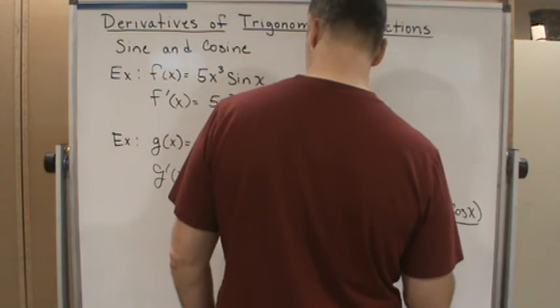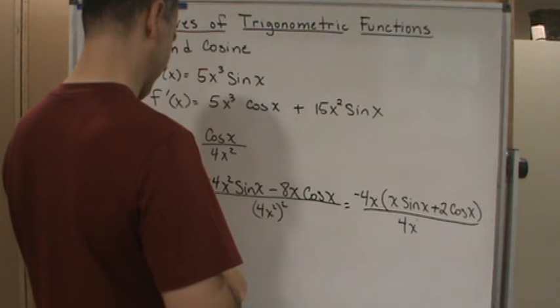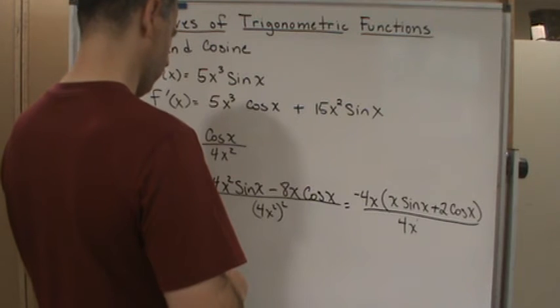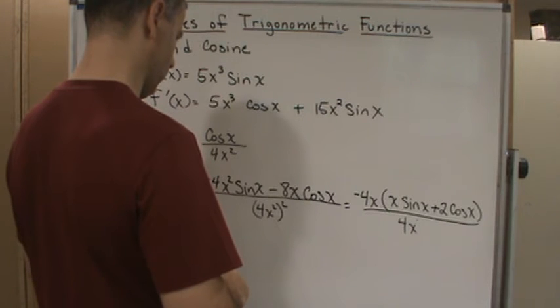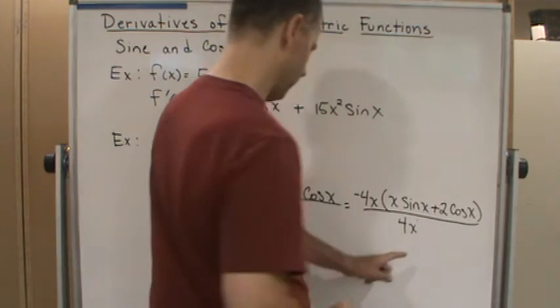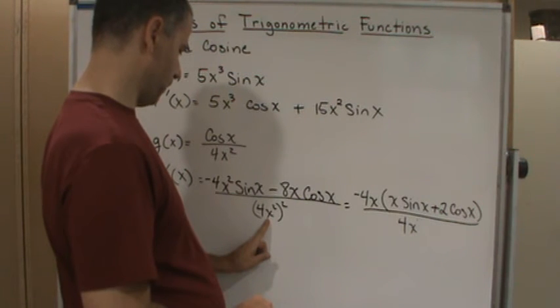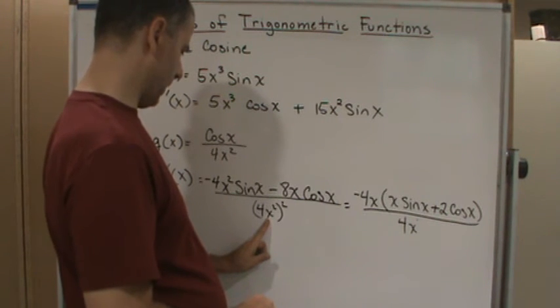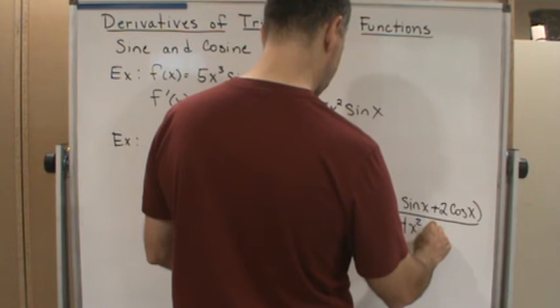Yeah, let me rewrite this. So this is like 4x squared to squared, but let me split this up, because this is like 4x squared, right?